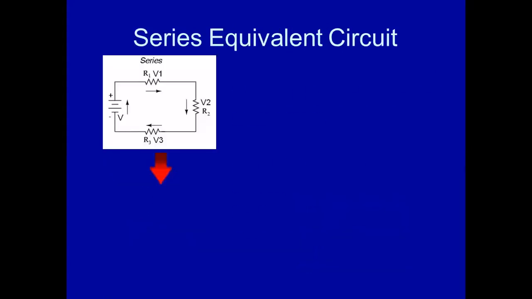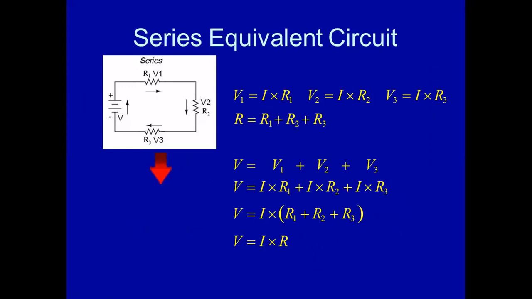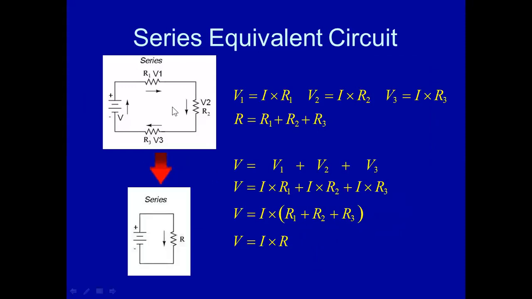Series equivalent circuit, as you can see here. On the upper portion of this diagram, you will see a raw circuit. If we simplify the resistance, since this is in series, we just add it. So the total resistance would be equal to R, as you can see here.